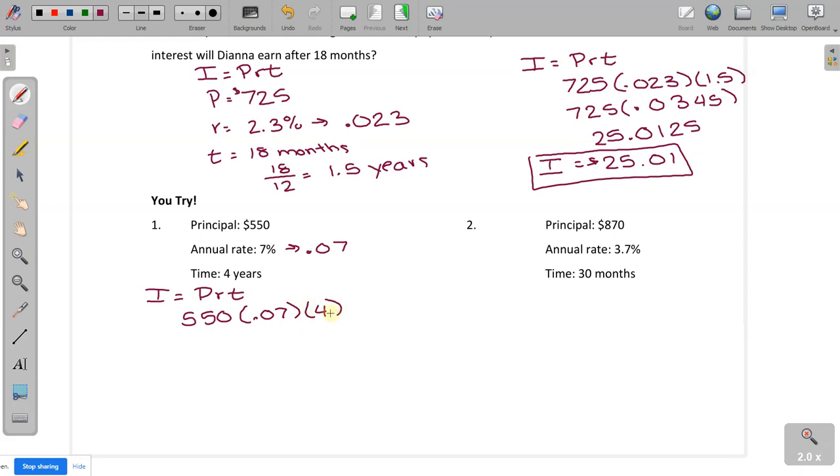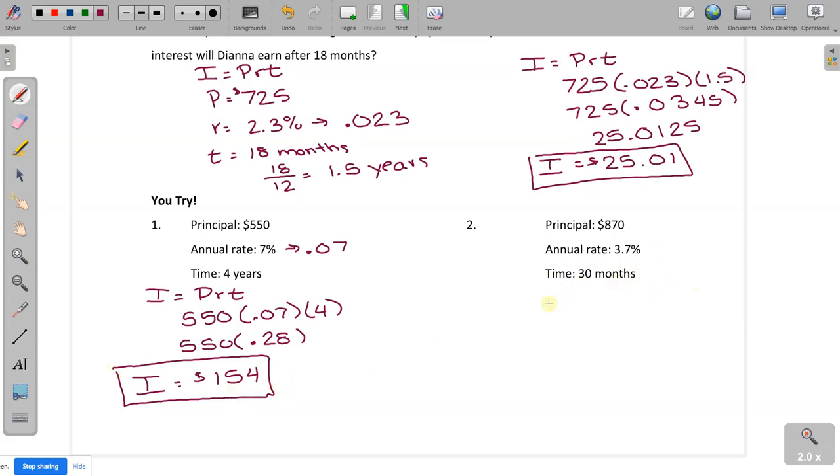So when we multiply this, I'm going to do 0.07 and multiply it by 4. And that is going to give us 0.28. Then I'm going to multiply that by our principal. And when you multiply that through, you are going to get $154 as your interest. So your interest earned is $154.